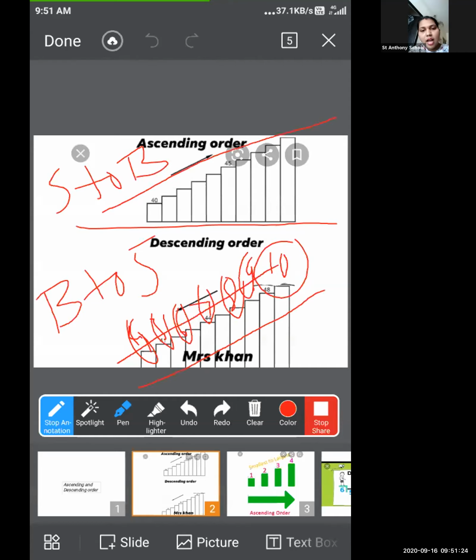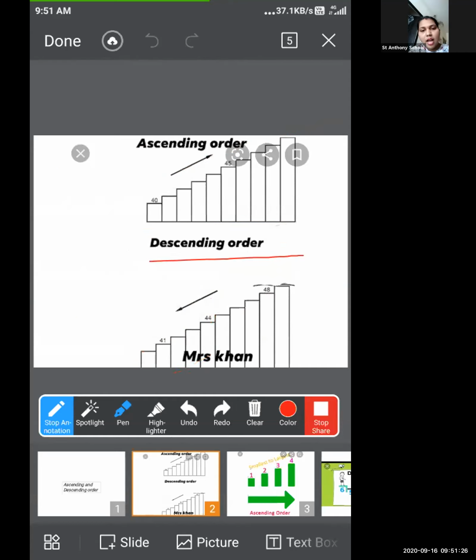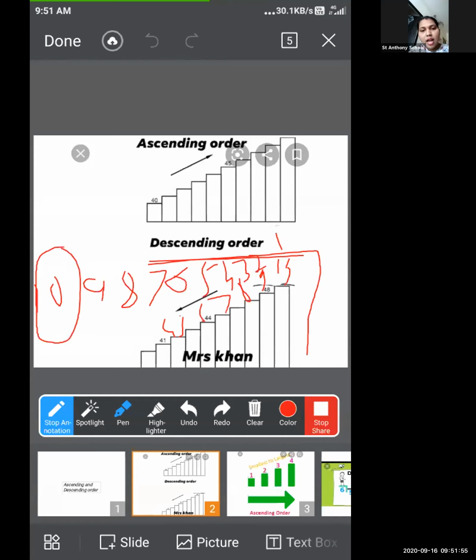So here if I am writing the descending order, just wait: 10, 9, 8, 7, 6, 5, 4, 3, 2, 1. So here the first number is 10, it's a greater number, right?